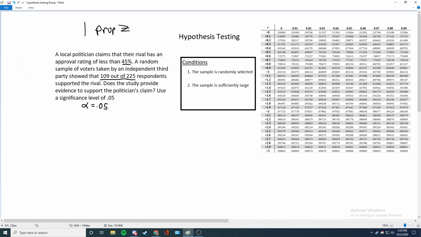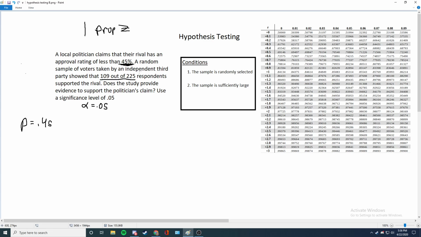If the original claim is dealing with this 45%, then our p, the population proportion, will be 0.45. Since we're comparing to this baseline of 0.45, we can assume that this is the original population proportion that we're dealing with.